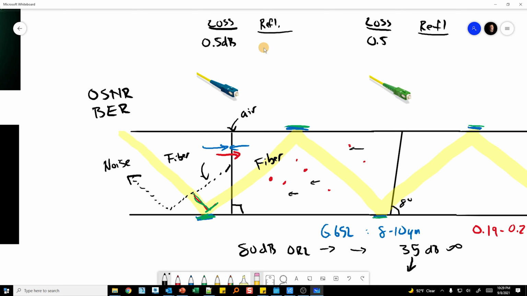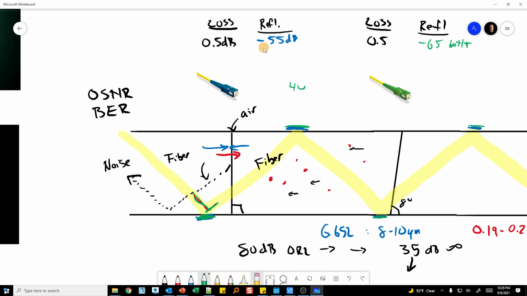Reflection-wise, a UPC connector has usually minus 50 to 55 dB of reflection. An APC connector has usually minus 60, minus 65 or better. You notice these are negative values. If you disregard the negative, the higher the number, the less reflection, or the better off you are.